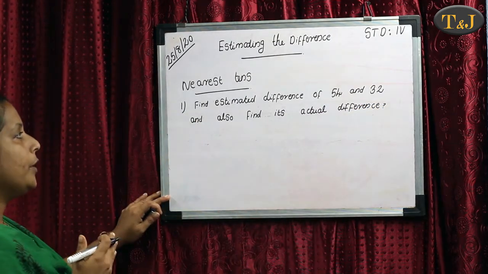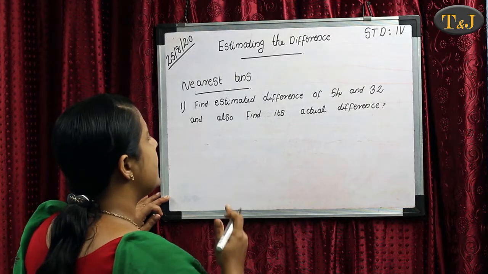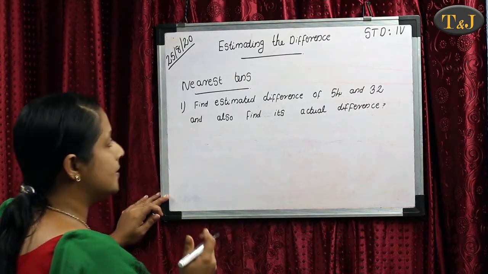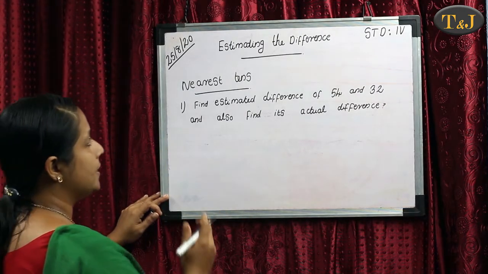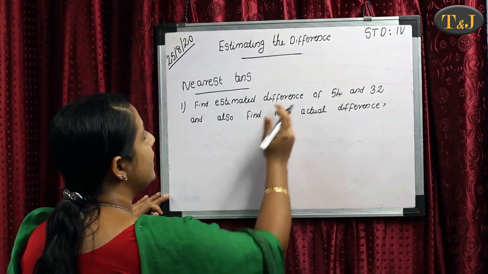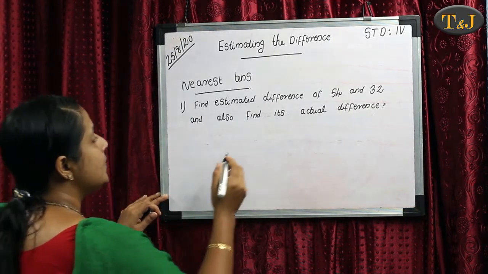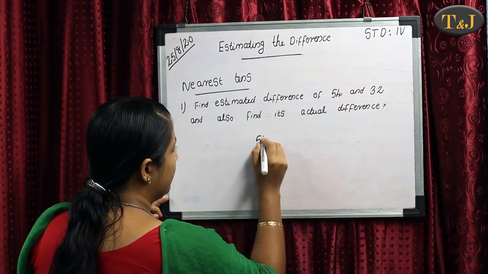This type of problem we already learned in our previous classes, that means finding the estimated sum. In the case of nearest 10, in this chapter we study the difference, that means minus. First we are taking the value 54.